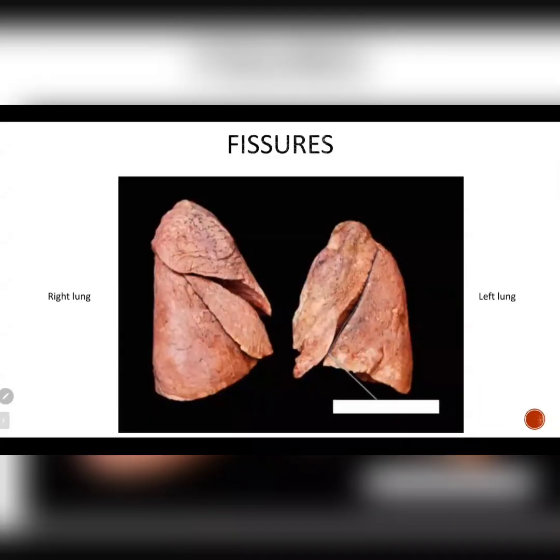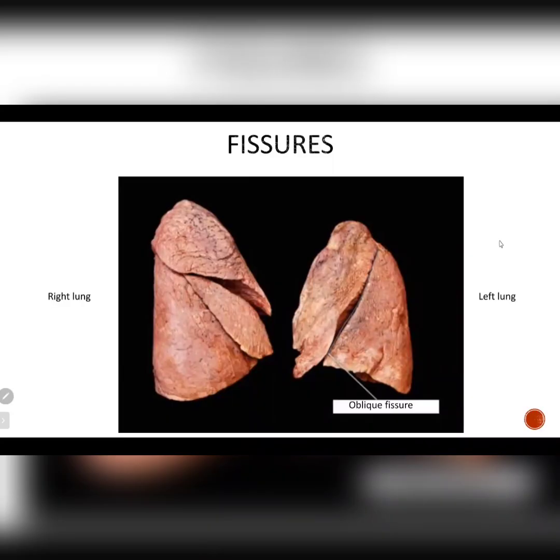Now let's look at the fissures of the lung. Fissures are linear clefts on the lung. So you can see, this is the right lung. There is a fissure which travels diagonally across both the right and left lung. That is called the oblique fissure.